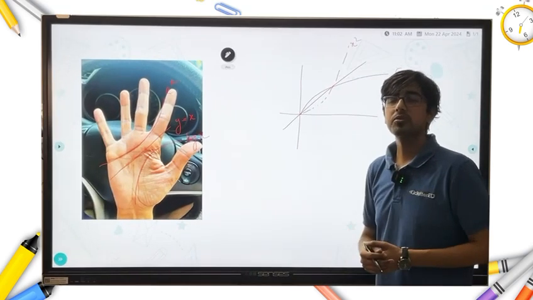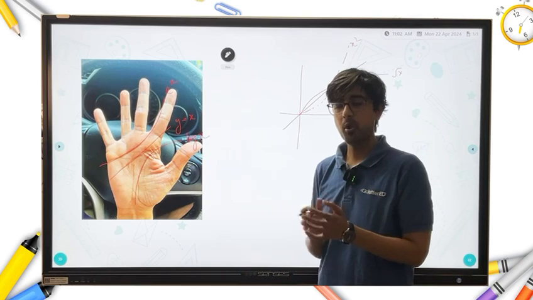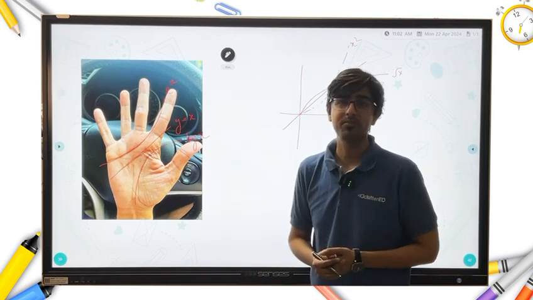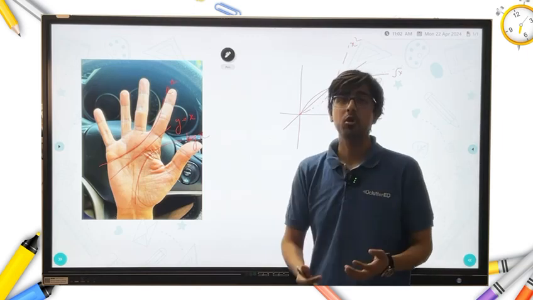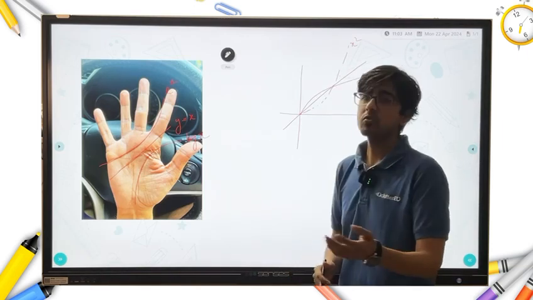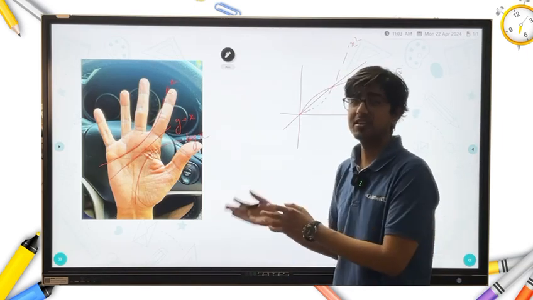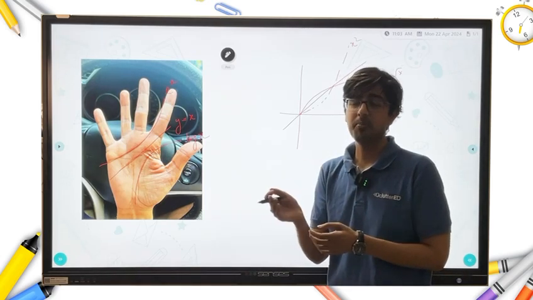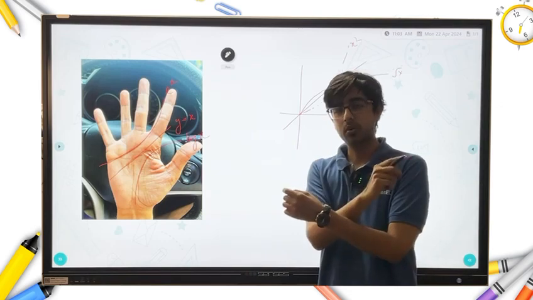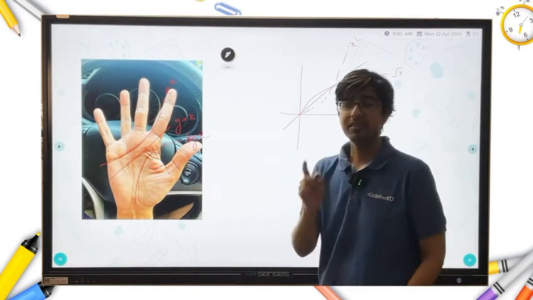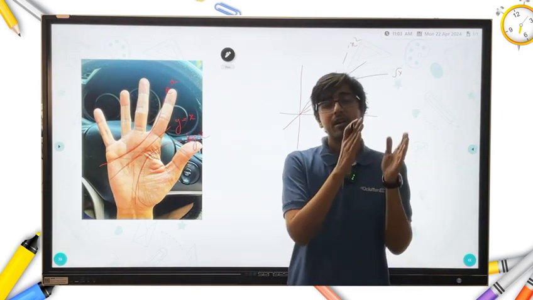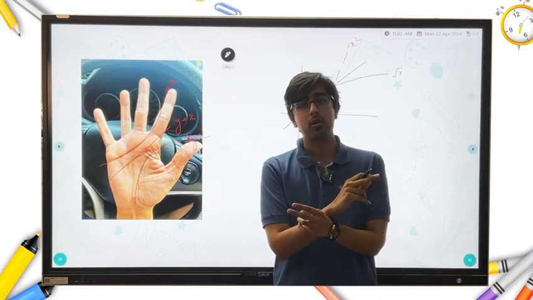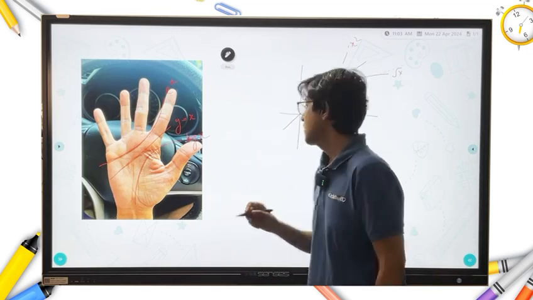When I was working on transformations of points, reflection of points with 9th standard students, this was the same concept that was taught to them, and this was the same concept taught to us in 11th. What was taught to us in 9th standard is that the reflection of a point in the line y is equal to x is a point where the x coordinate and the y coordinate are swapped, and the reflection of a point in the line y is equal to minus x is swapping both x and y coordinates and also adding a minus sign.